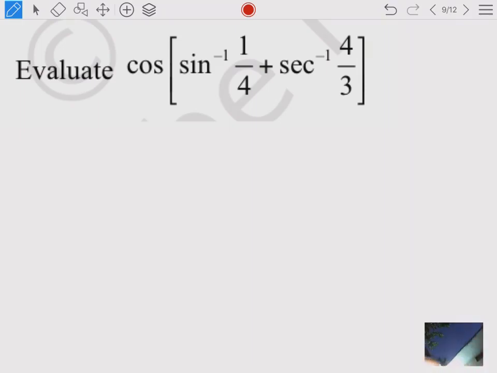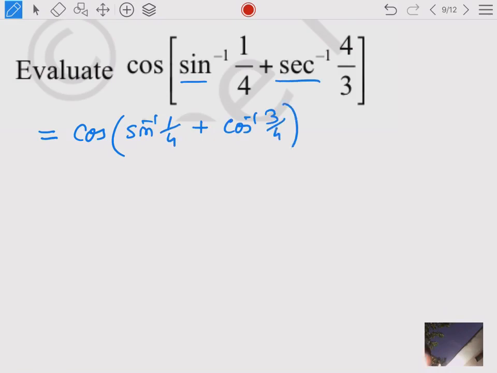How can we evaluate this? So now it is sine inverse 1 by 4 plus sec inverse. Sec inverse can be written as cos inverse 3 by 4.